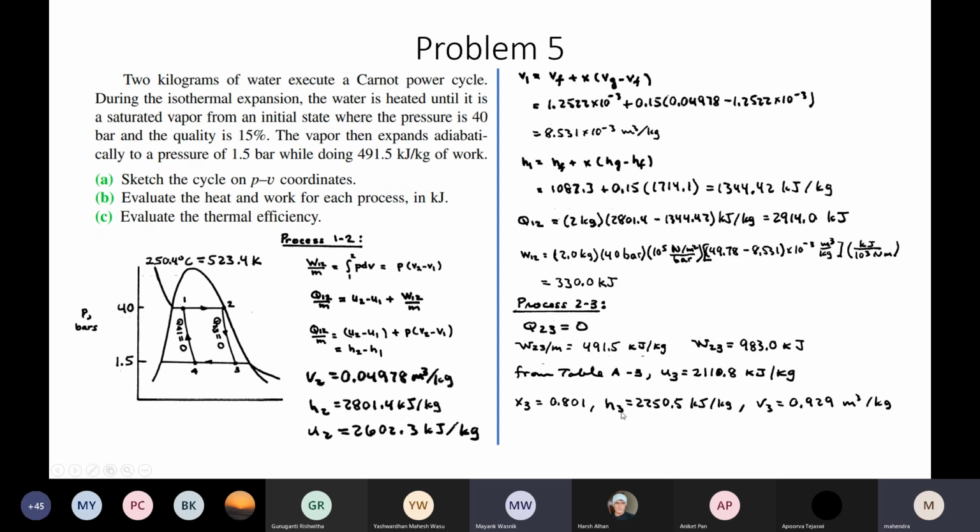X3 and H3. Fine. But pressure, you need to calculate these all according to the, again, you need to use your heat balance equation over here. You will be equalizing them. From that, you will be calculating this internal energy, and this is the parameter of reference.